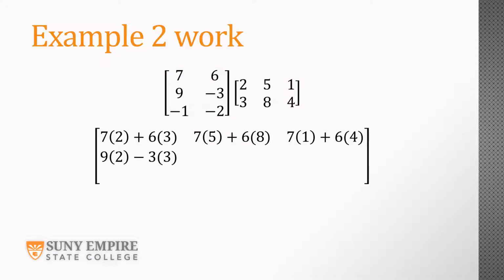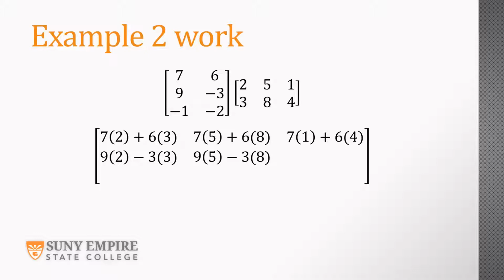We fill the middle row leftmost column of the product by multiplying the middle row of matrix B by the leftmost column of matrix A. Doing so, we have 9 times 2 minus 3 times 3.